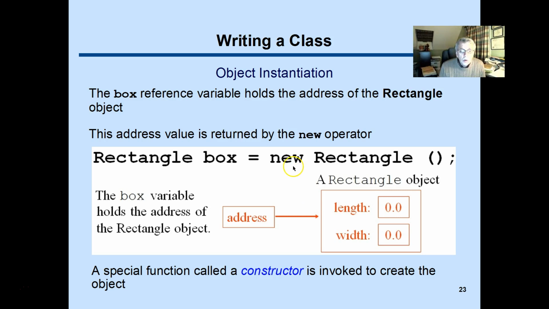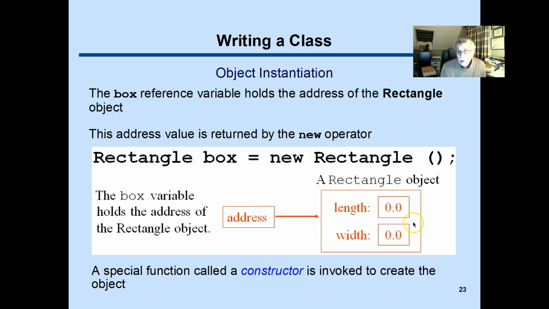We simply said new, and then Rectangle, and then the empty parentheses, because we did not explicitly define our own constructor, but we relied upon the constructor that was created for us by the Java compiler, the simple no-arg constructor. But the concept is the same as to what's going to happen. The rectangle object will be instantiated. The member variables, storage will be allocated for them, and initial values will be assigned.